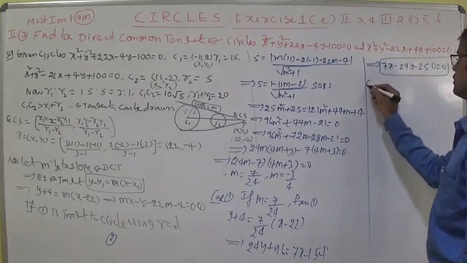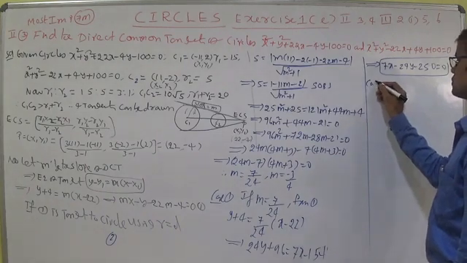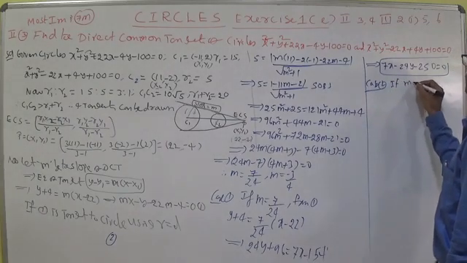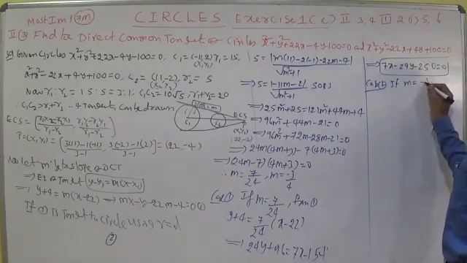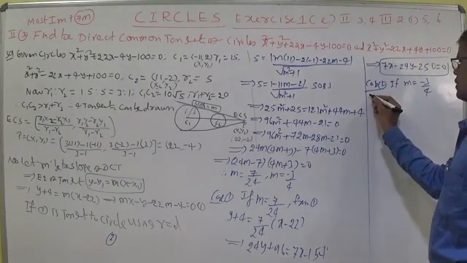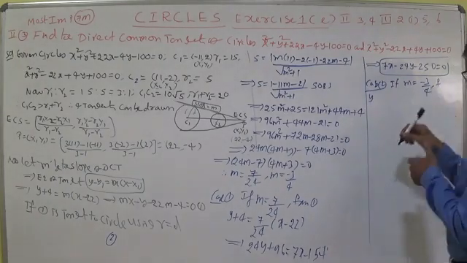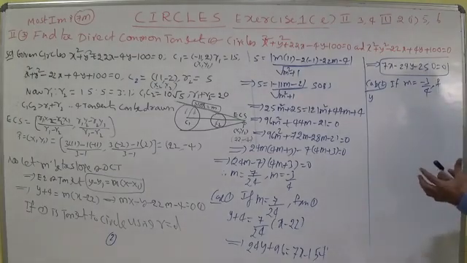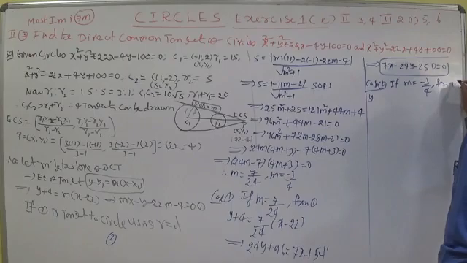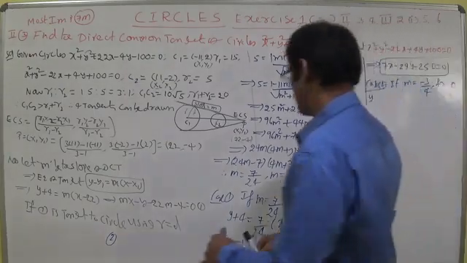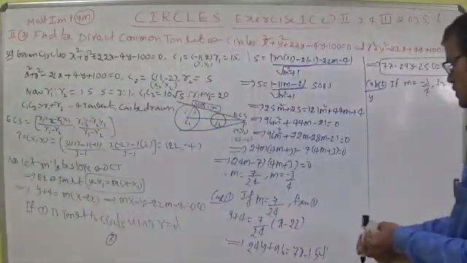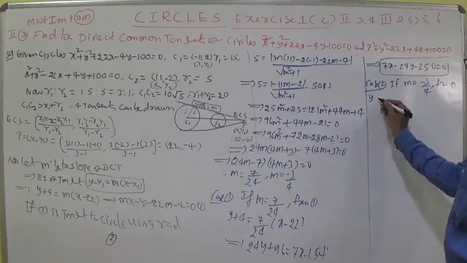This is case 1. Next you can write case 2. Case 2, that is, if m is equal to minus 3 by 4, substitute the value from 1, again you can write, from 1 it becomes y minus y1, means here y plus 4.